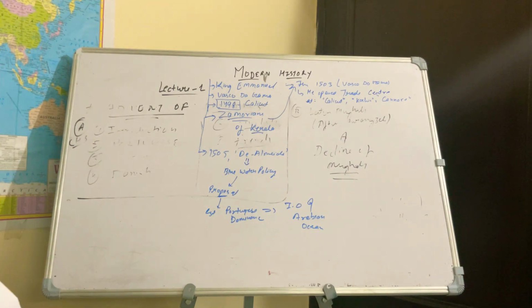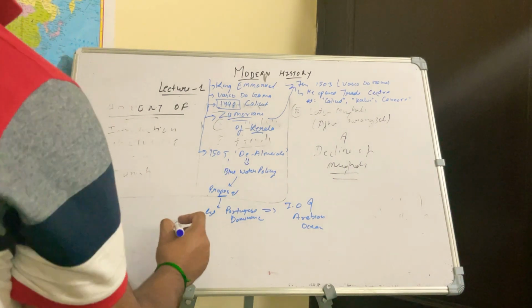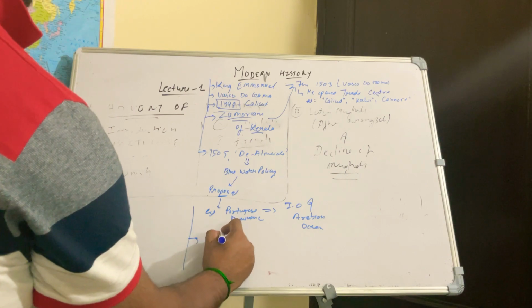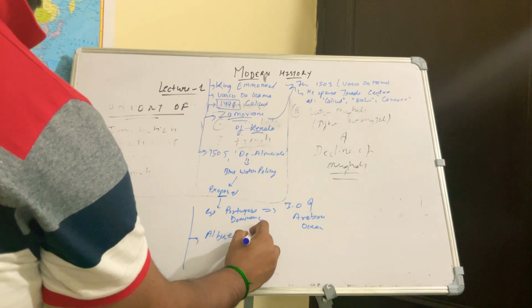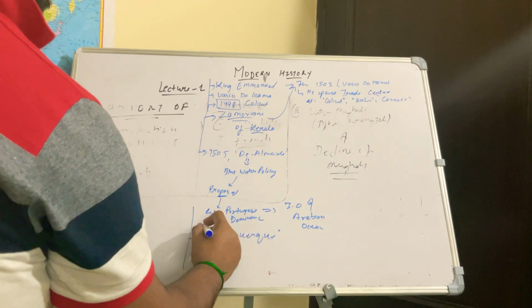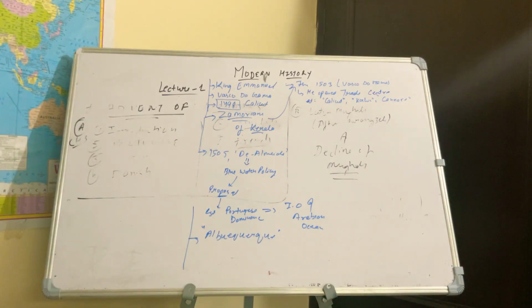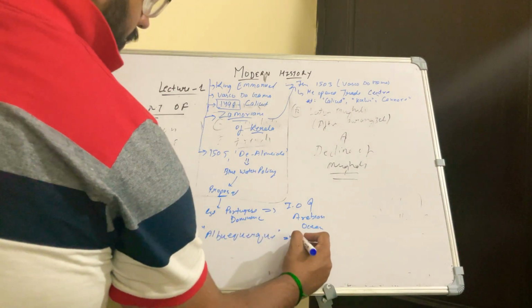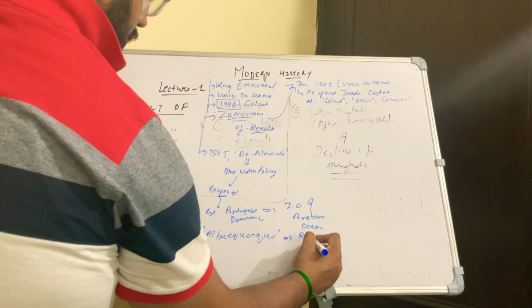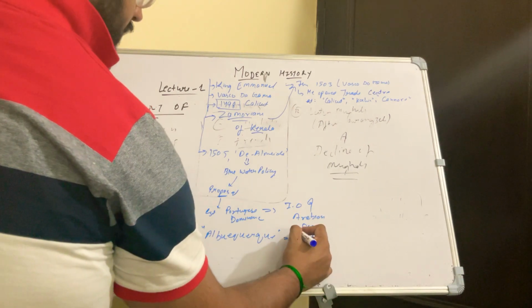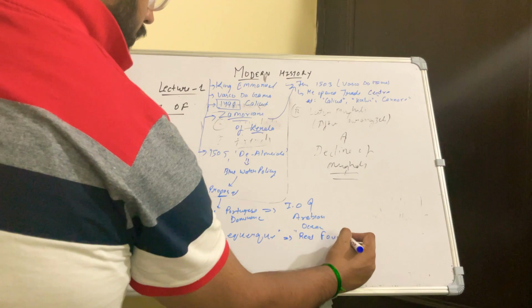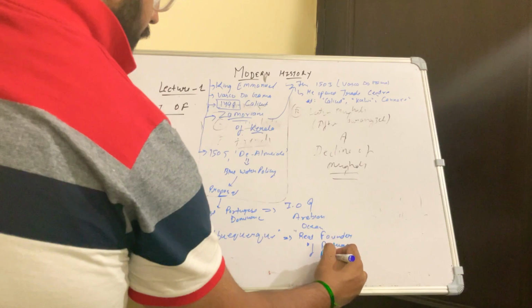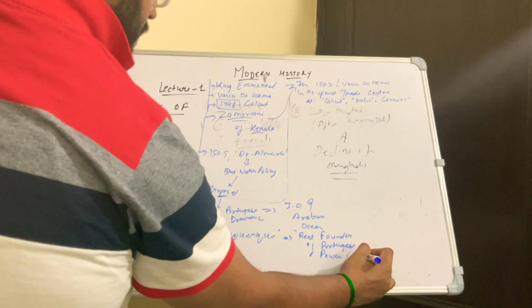After Almeida, the very next viceroy was named Albuquerque. He is considered the real founder of the Portuguese power in the East.